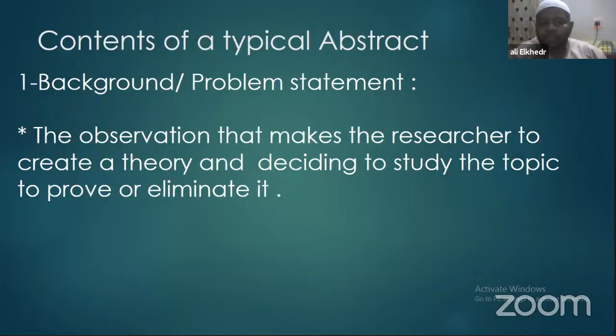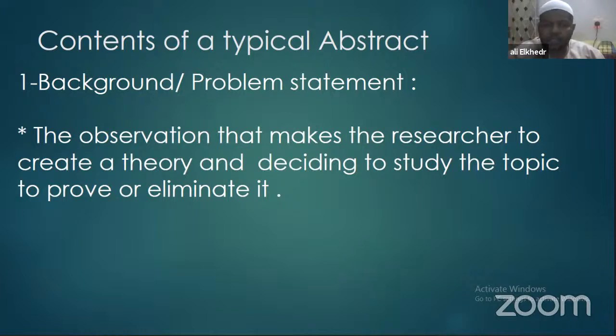But the abstract, despite being not detailed and a summarized part of the research, should contain certain titles. Every abstract should contain these titles. The contents of a typical abstract are: number one is a background statement or a problem statement.